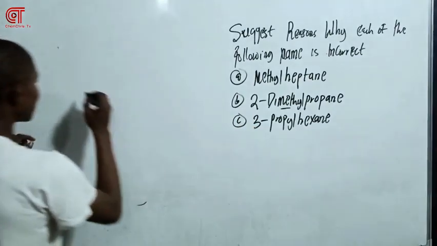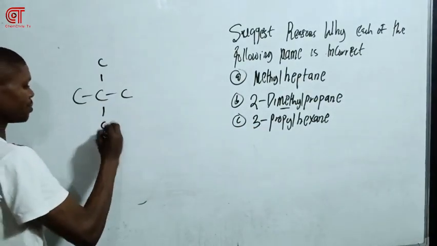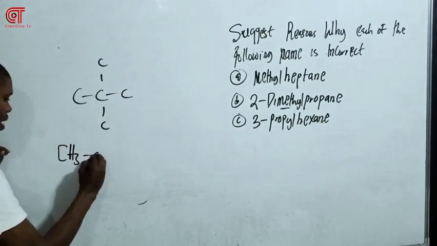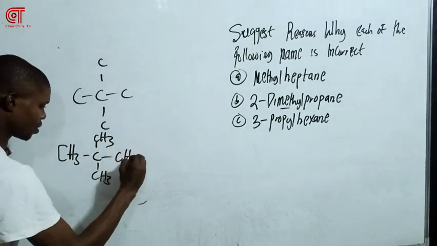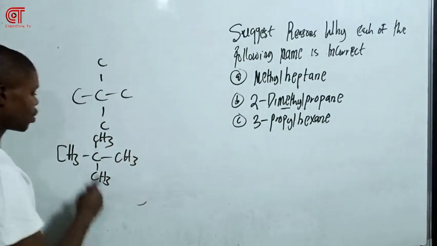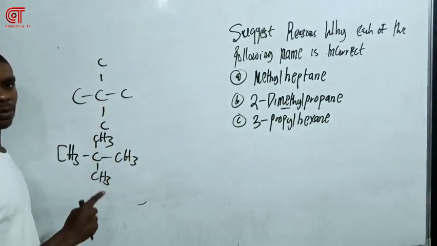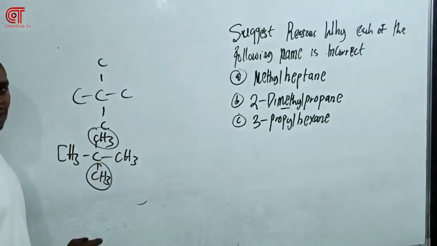So it can either be 2,2-dimethylpropane. Because propane is like this, 1, 2, 3, right? So here we have methyl, here we have methyl. Do you get that? So here we have CH3, then here we have CH3, CH3, then CH3. So the correct thing is going to be 2,2-dimethylpropane, not 2, because the 2 methyl groups are at the same carbon.